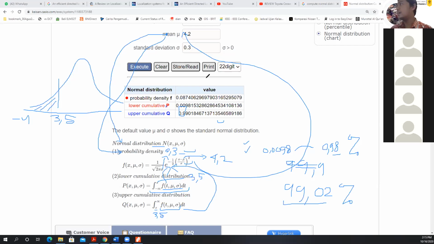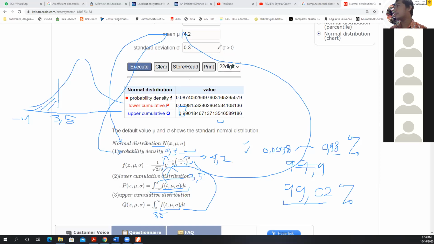Okay, Daniel, we have a question here. We calculate that the percentage of 3.6 and below is 9.5%, but here it says 2.275% instead.